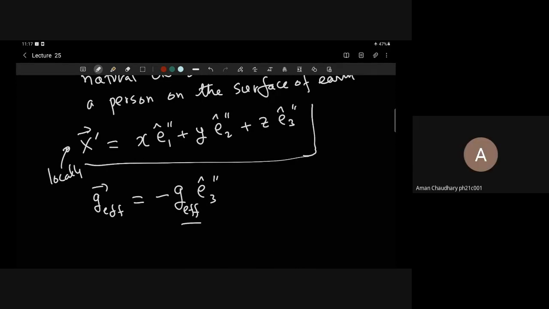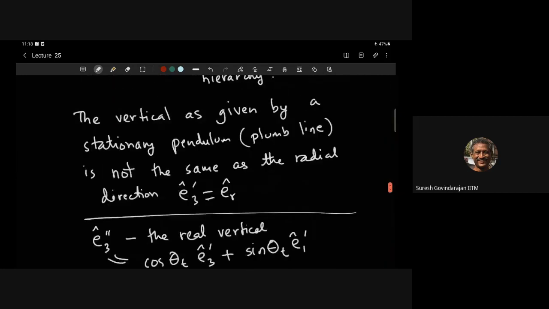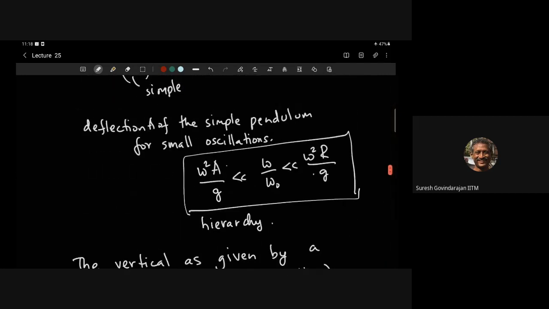So we are defining a new coordinate system? No, we are only interpreting what we will naturally choose, so that we can align G effective there. Yes, exactly. So once we have done this, we can forget about this omega square r by g. That's all gone. Okay, that's all I'm saying.